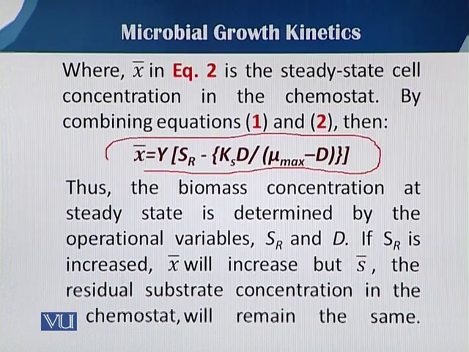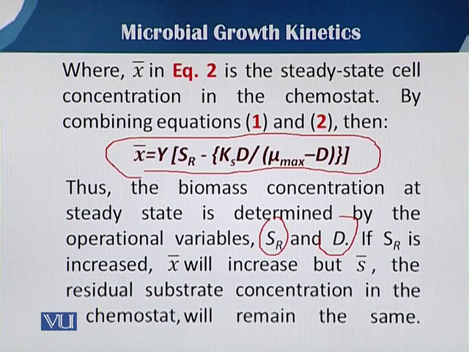In this equation, mu max and Ks are the Monod constants, D is the dilution rate, and Sr is the substrate concentration. So the biomass concentration at steady state is determined by the operational variables Sr and D. If Sr is increased, then X bar will increase, but S, which we call the residual substrate in the chemostat, will remain the same.